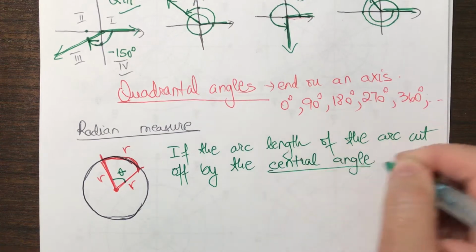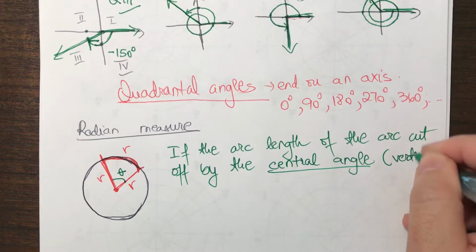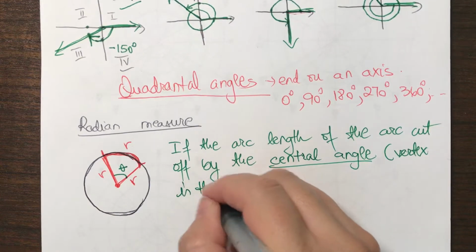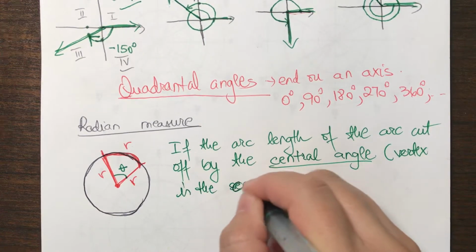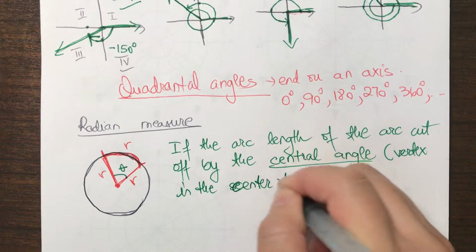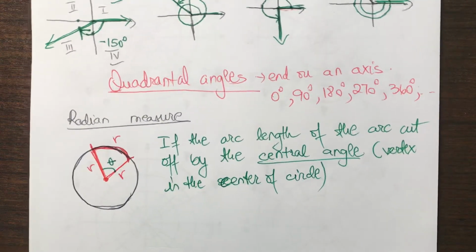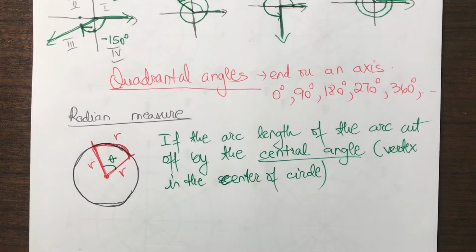A central angle has the vertex in the center of the circle. And again, if you were wondering why you had to take that geometry before you got to trig, and then before you got to pre-calc, well, finally it seems like it's paying off a little bit.